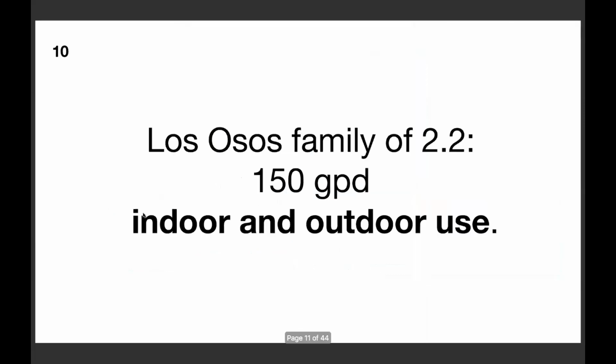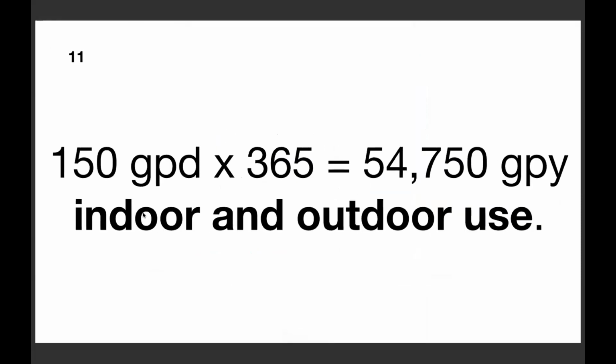Our county estimates an average family in Los Osos is 2.2 persons and will use 150 gallons per day, indoor and outdoor. That 150 gallons per day multiplied by 365 days per year equals about 55,000 gallons per year for indoor and outdoor use. But the statewide number is for a family of 4.